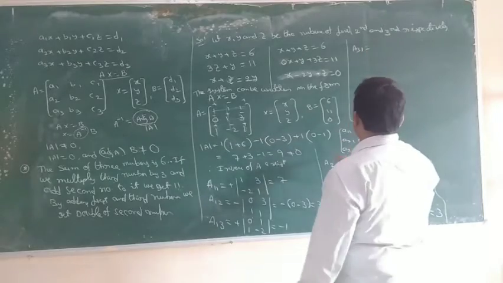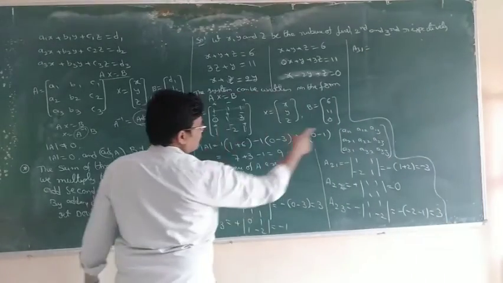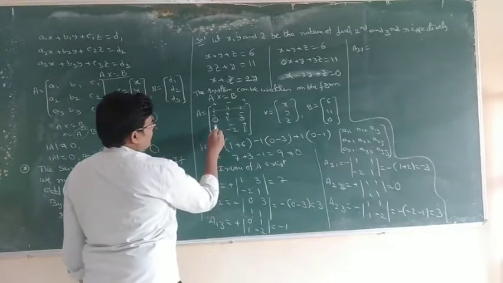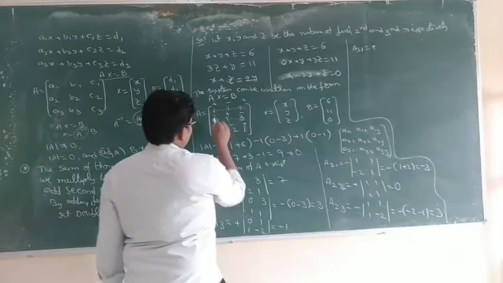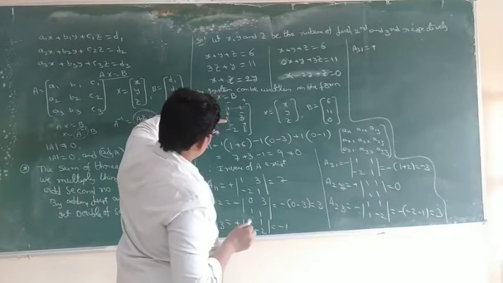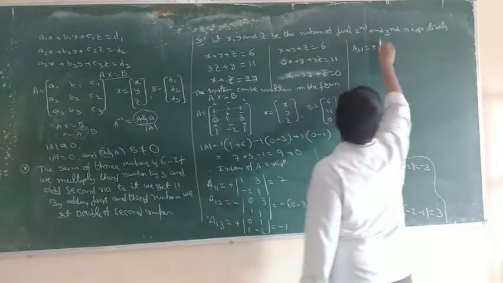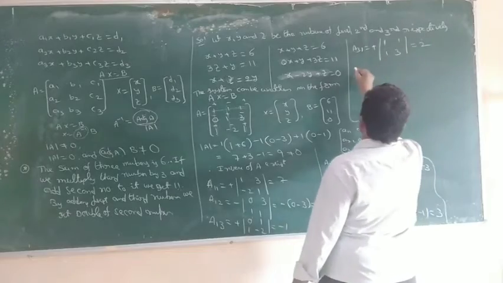Next, A31, the third row first one, has a plus position. The column 0 is deleted, remaining 1 1 1 3, the determinant of 1 1 1 3, so that is equal to 2.